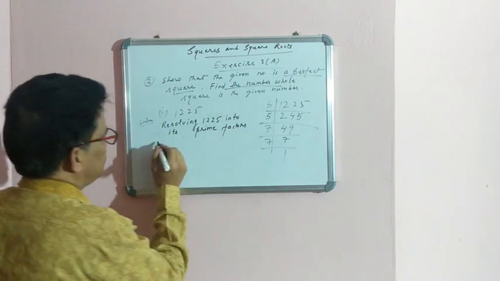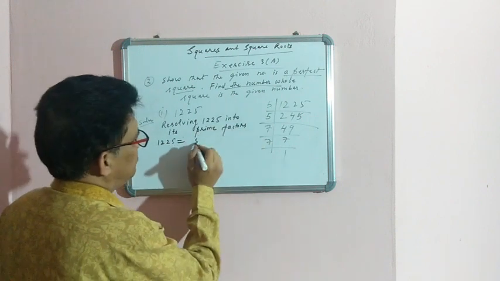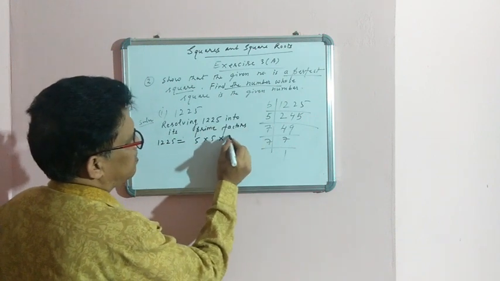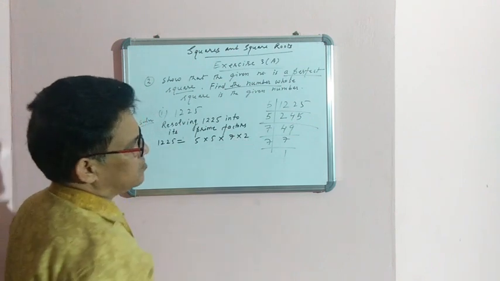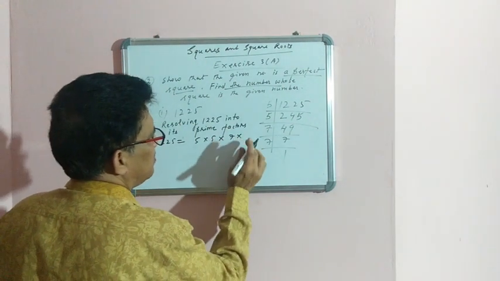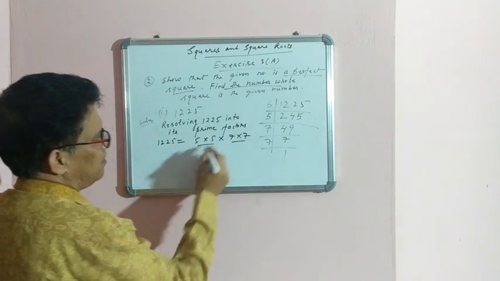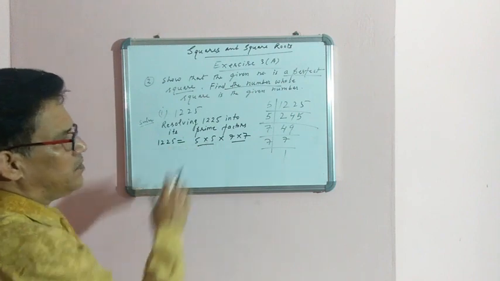We are getting 1225 equal to 5 two times, then 7 two times. So this is in pairs.